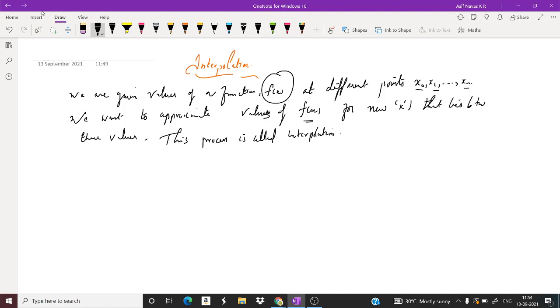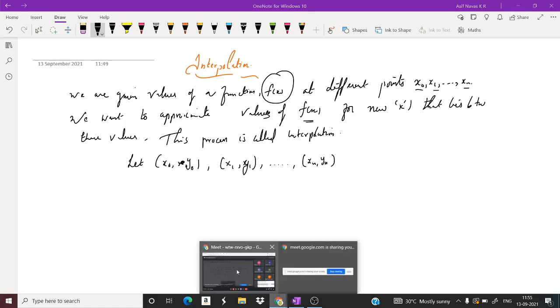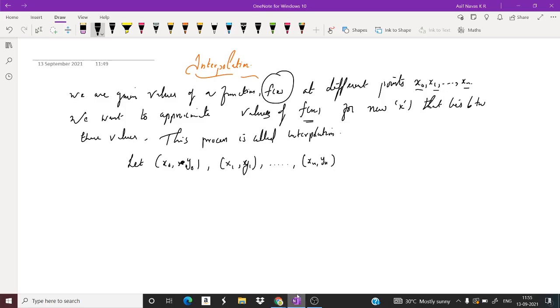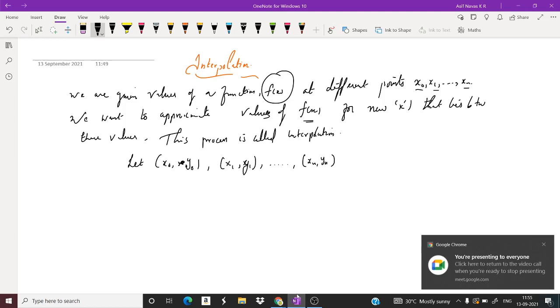Okay. So let x naught y naught, x1 y1, etc. up to xn yn be the given values.